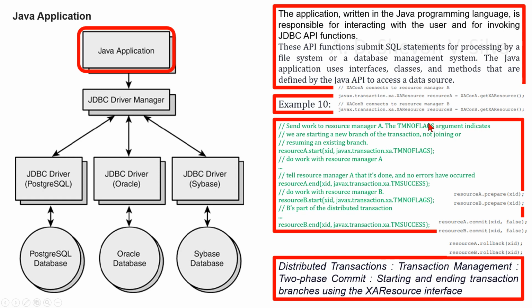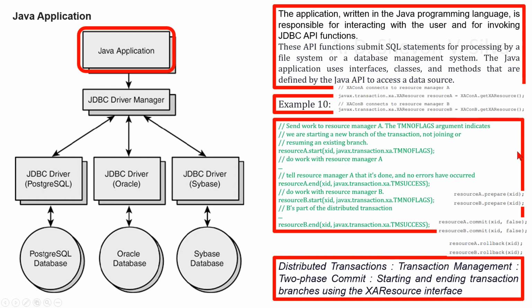Step one, the application server gets XAResource objects from the two different connections. Here we are getting the XAResource object from the XAConnection.